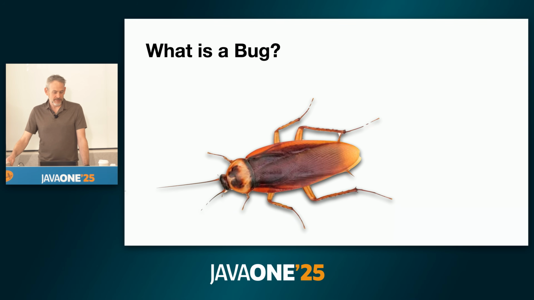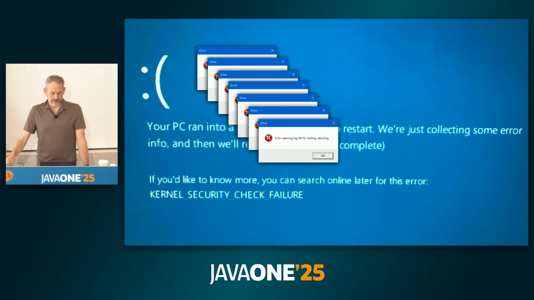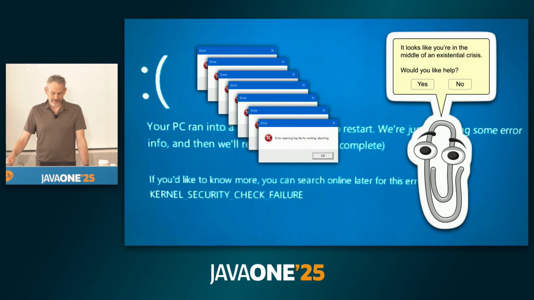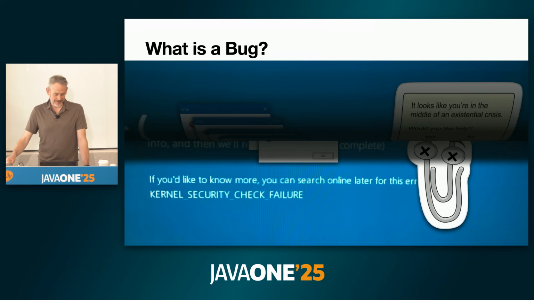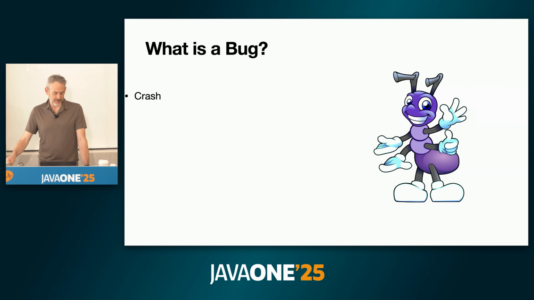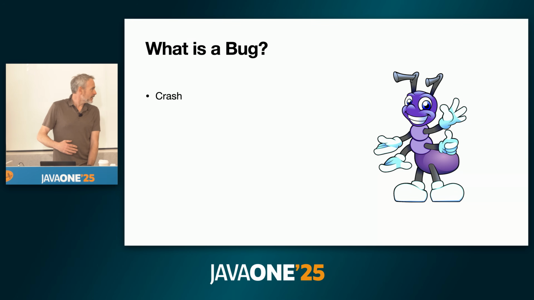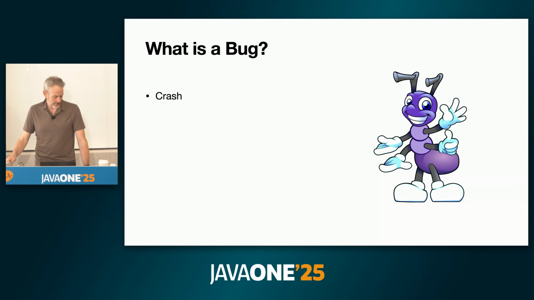So what do we mean by a bug? I think most people think of bugs as catastrophic failures that crash your application and cause big problems. And it's certainly true that crashes are probably the primary ones people think about.